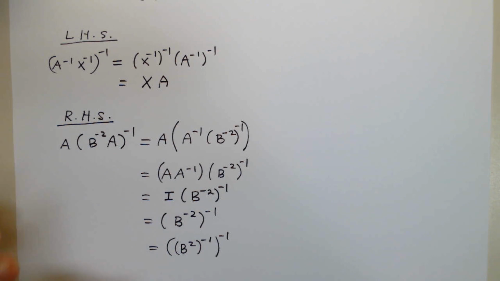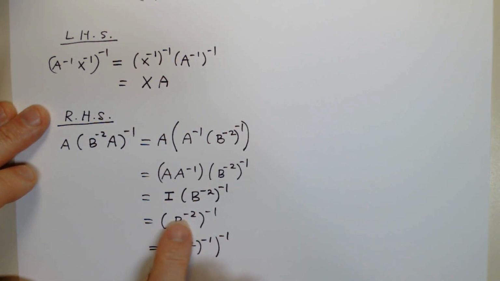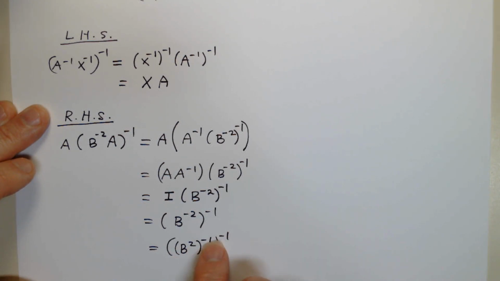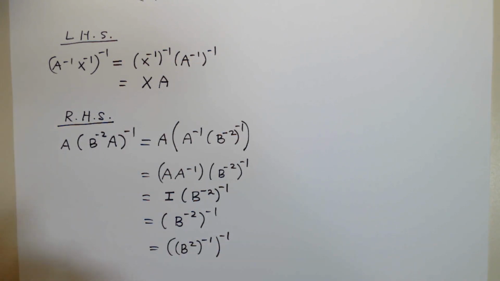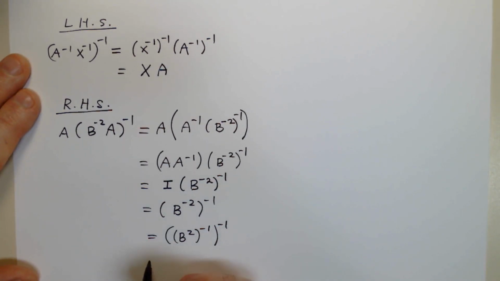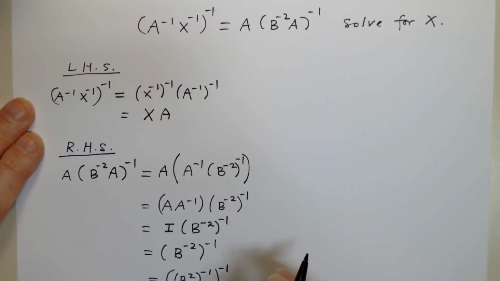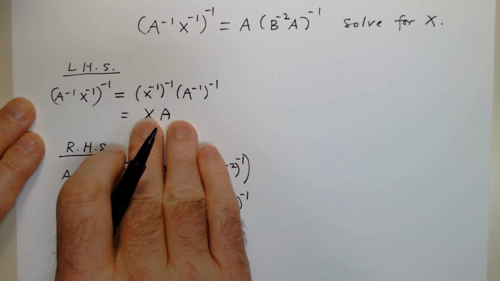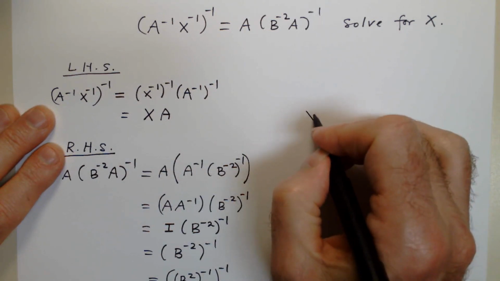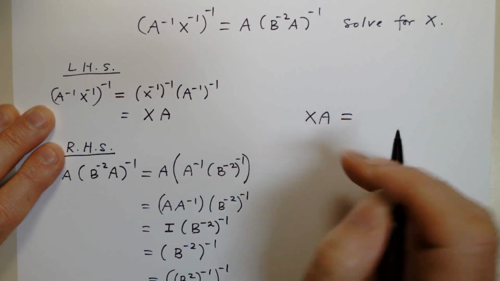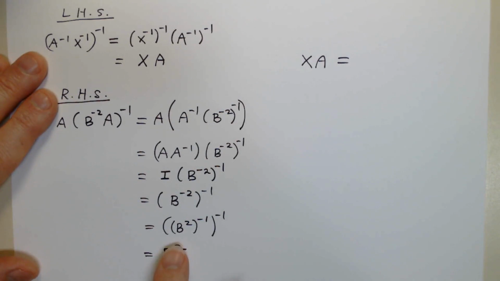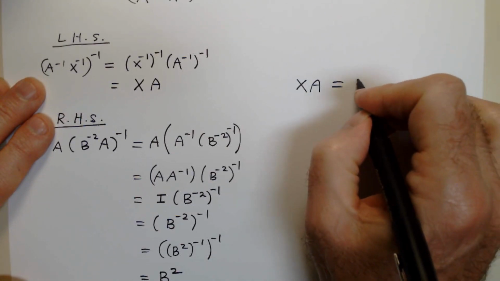Okay, so multiplying by the identity leaves the matrix unchanged, and B to the negative 2 is B squared to the negative 1 power, and now I can use the fact that the inverse of the inverse is just the matrix itself, so this is just B squared. So what we've shown is that the left-hand side can be written as X times A, and the right-hand side can be simplified down to simply B squared.